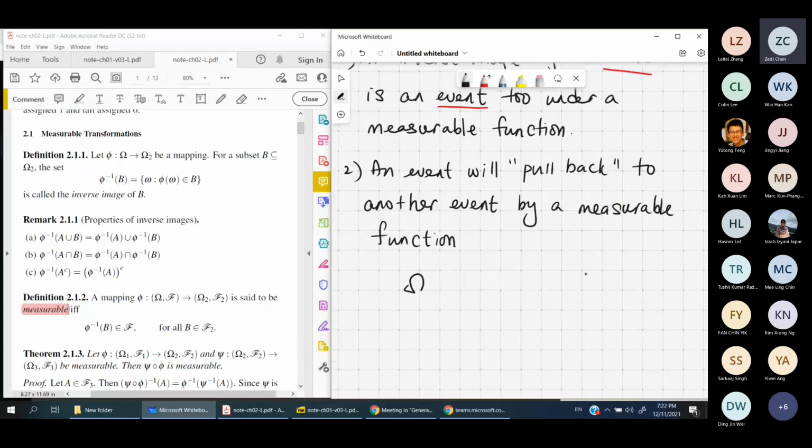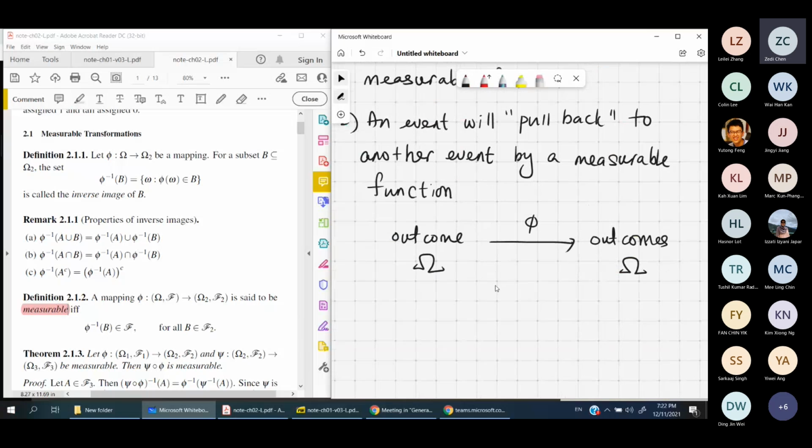First of all, you have an outcome in here. You push forward to another outcome here. So push forward, and then if you pull back, this is my phi. However, when you come to the inverse, you have an F2.